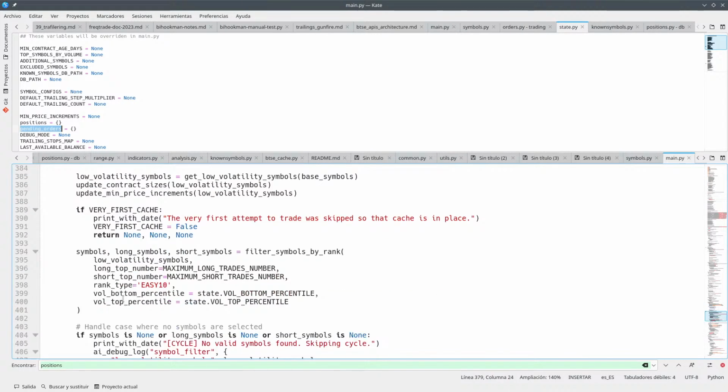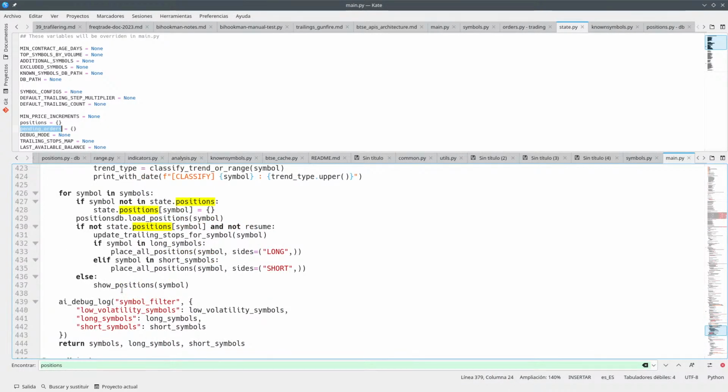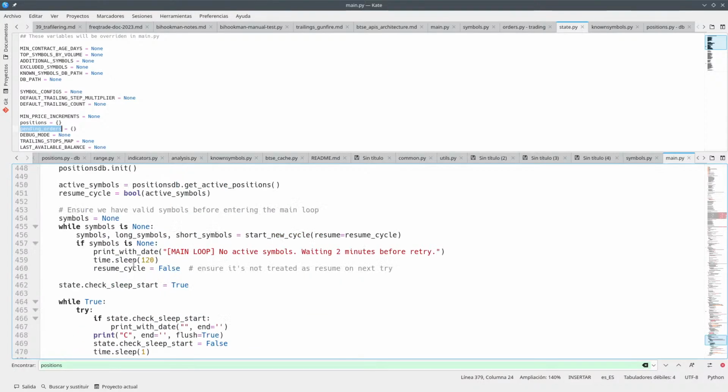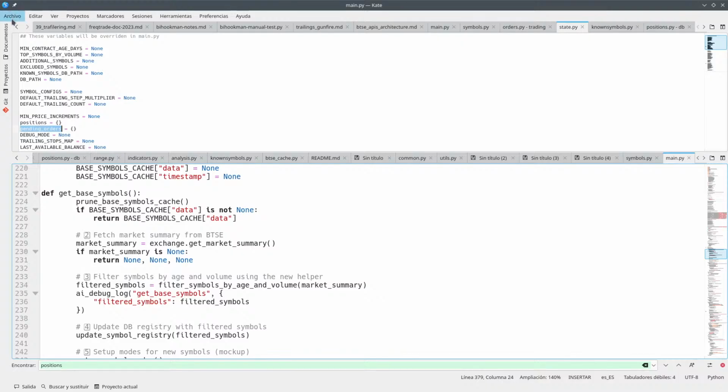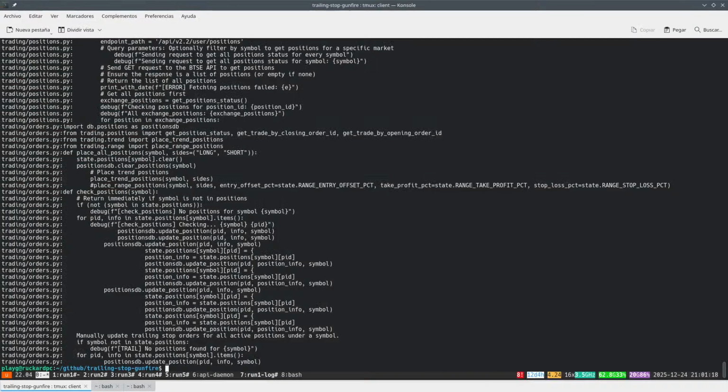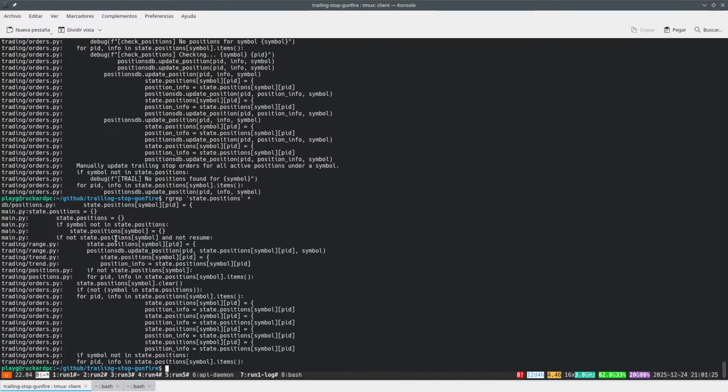Okay. And I think state.positions, I think we should be right. I'm looking for something that clears. Yeah, I'm not sure.